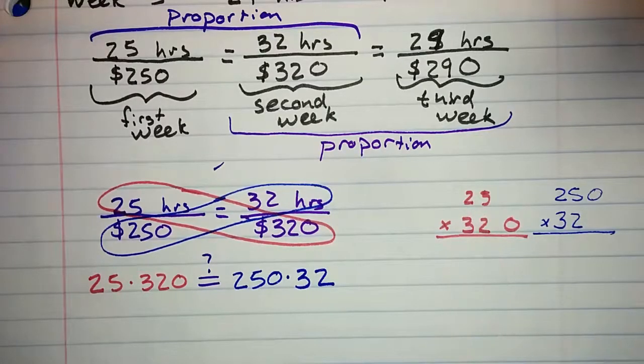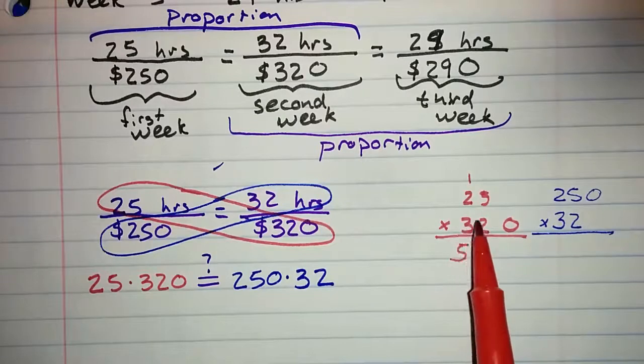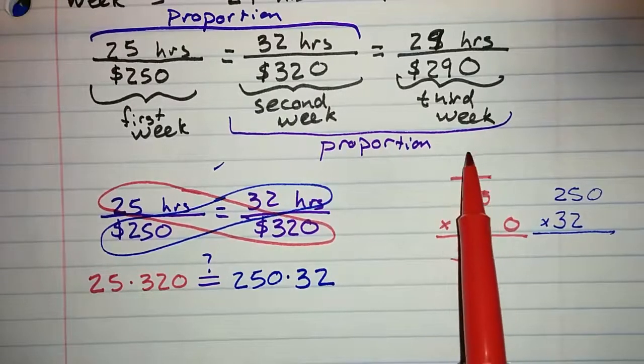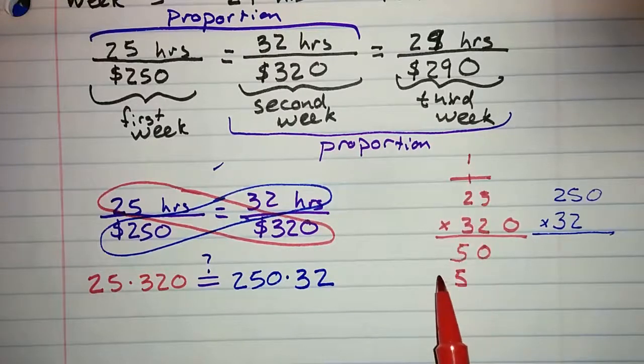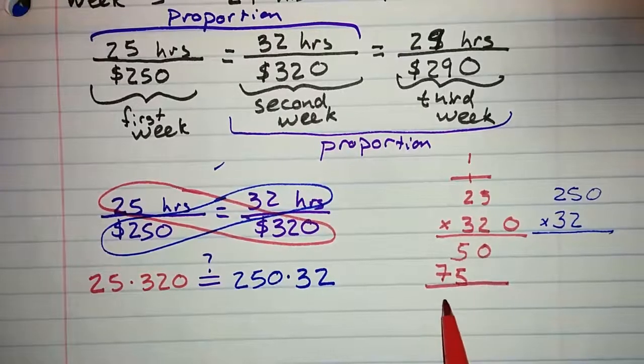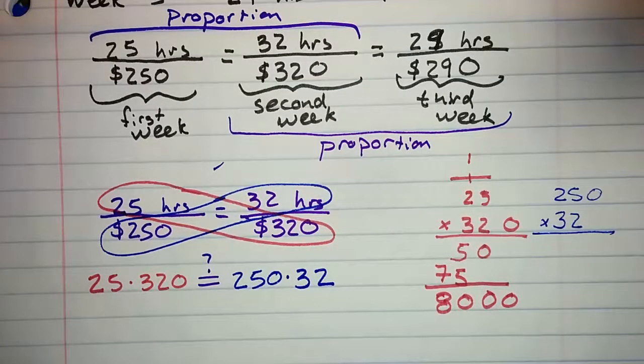So here I'll have 2 times 5 is 10, 2 times 2 is 4, plus 1 is 5. 3 times 5 is 15. 3 times 2 is 6, plus 1 is 7. 800, and put a 0 on the end.